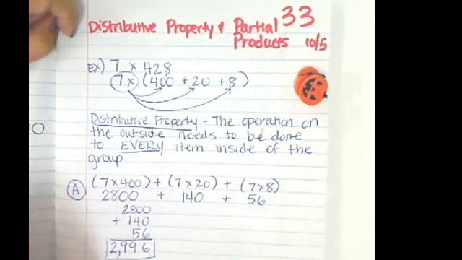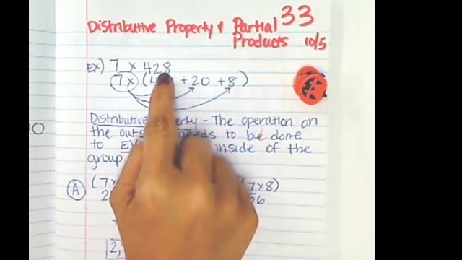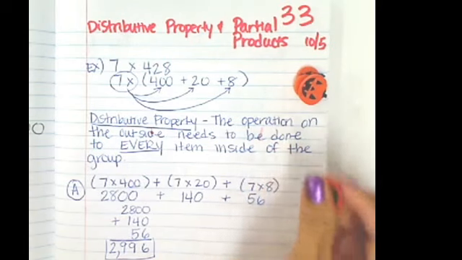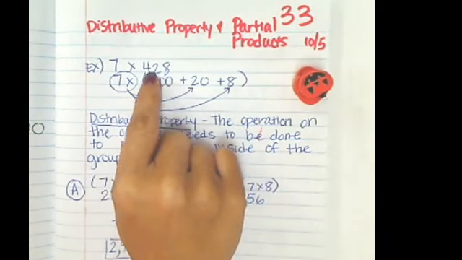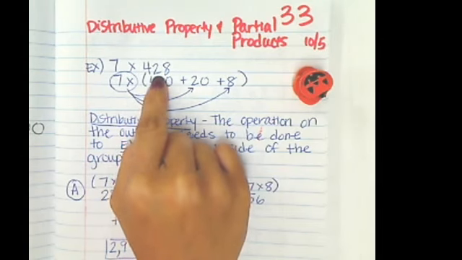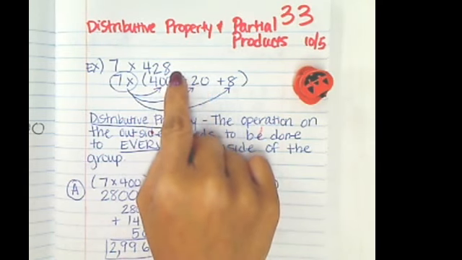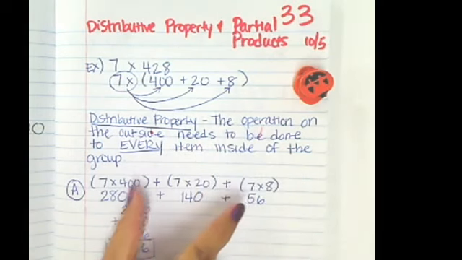Do you remember? This is the expanded form of 428. When we talked about expanded form, we expand it to show the value of each digit in its place. The 4 is in the hundreds place, so this is actually 400. The 2 is in the tens place, so this is actually 20. And the 8 is in the ones place, so it is just 8. And that's where I get these 3 numbers from.